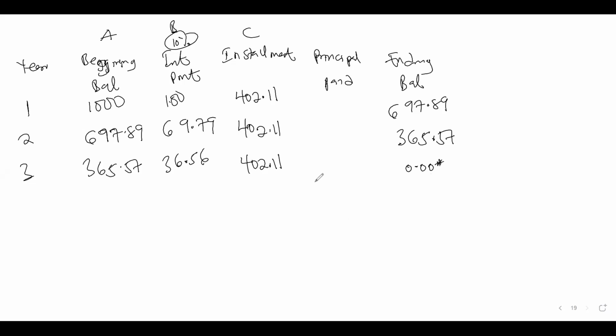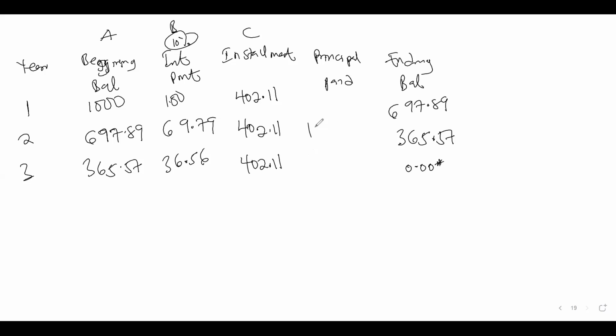Now you see that I've left the principal payment column blank. How do we find principal payment? Remember, anytime you pay an installment, it fully covers the interest. Then it will cover part of the principal. So how do I get the principal paid column?